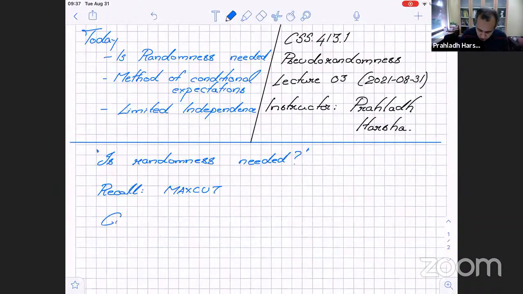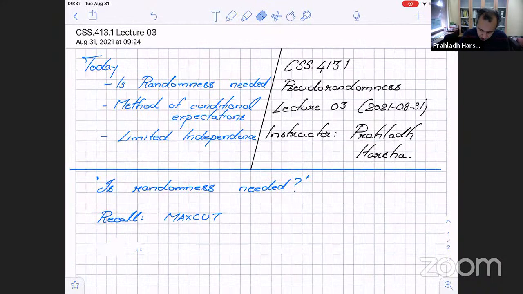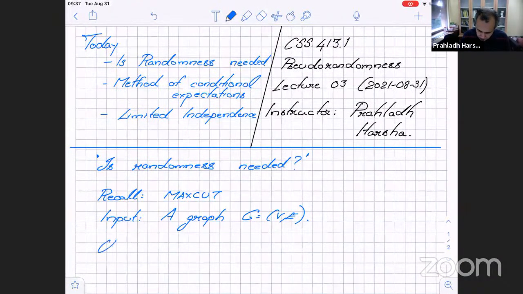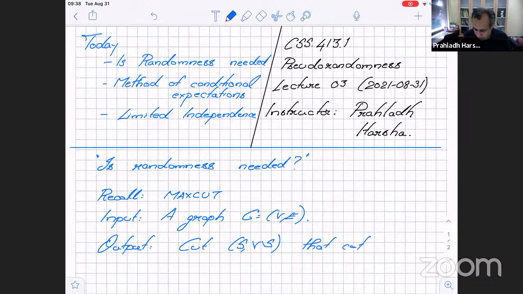So the given problem was: the input is a graph, a simple graph, and the output is a cut (S, V minus S) that cuts as many edges as possible.